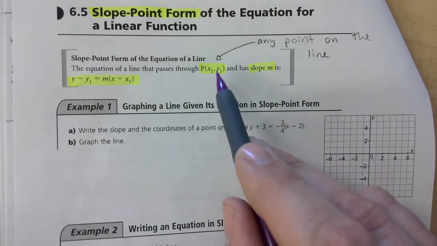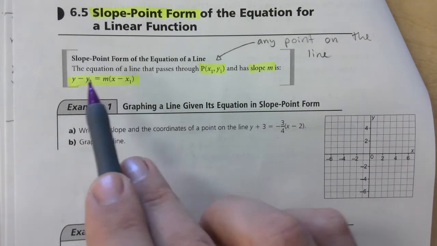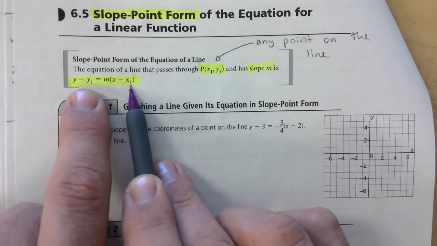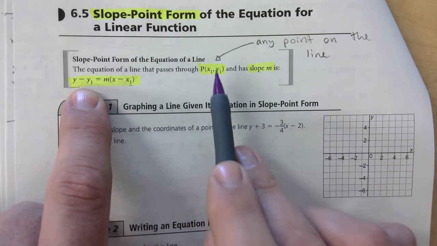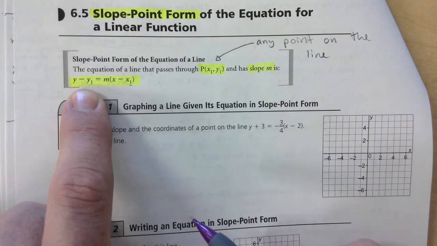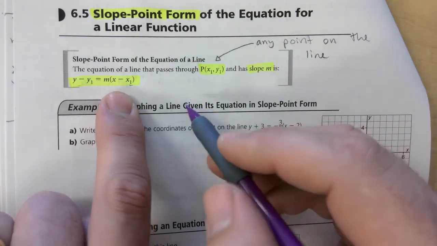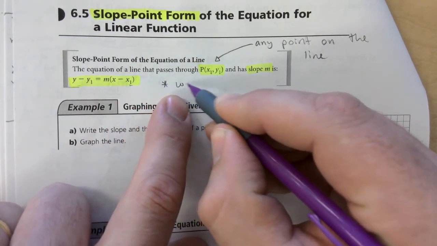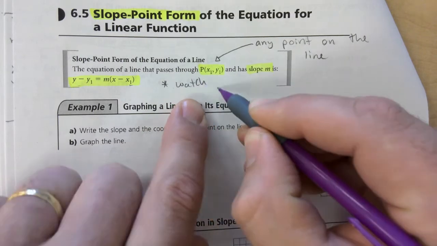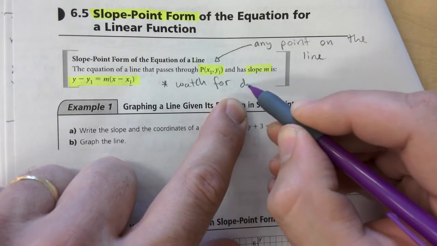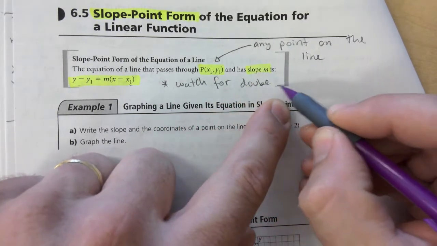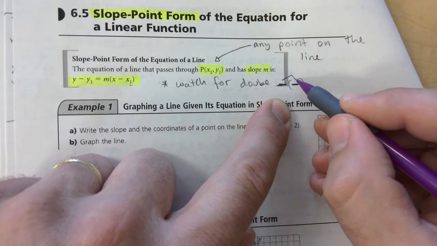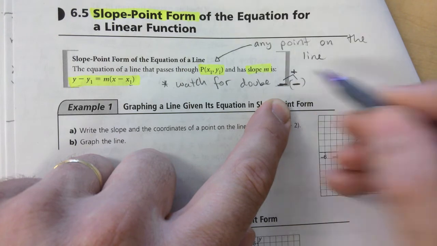So this point, the x1, y1 that you see here, those are going to be the coordinates of the one point that you're given. And I should say watch for double negatives. That will turn to a positive.